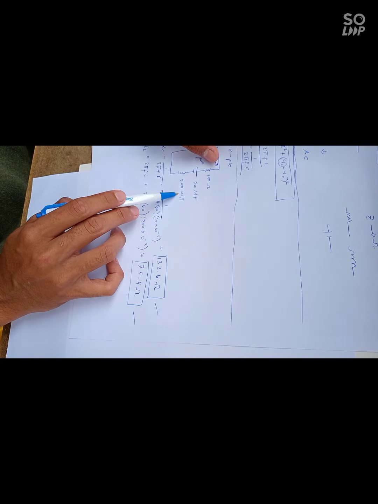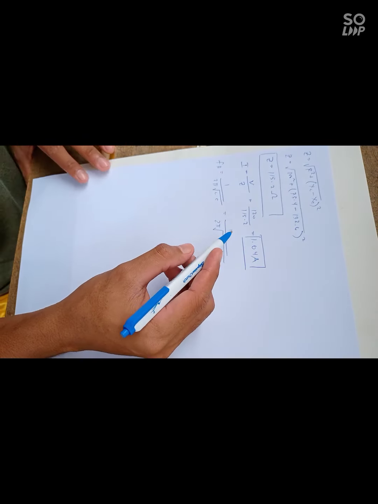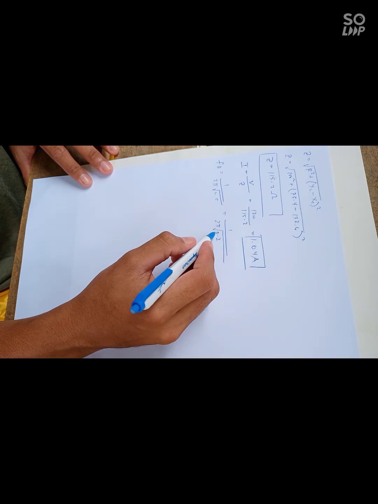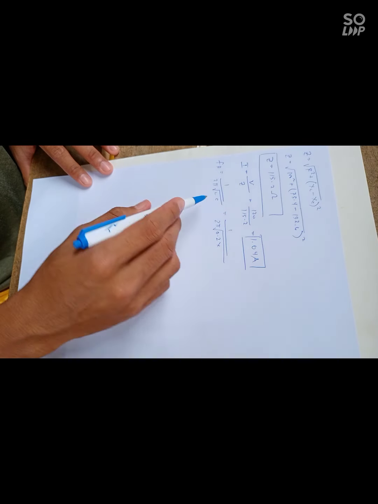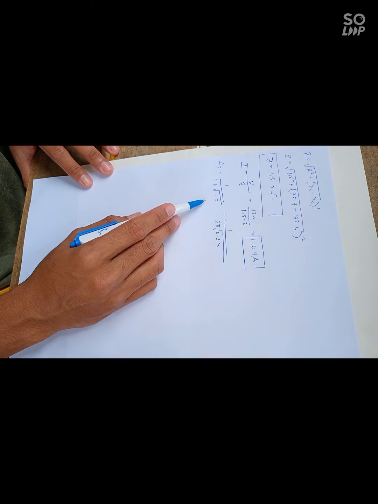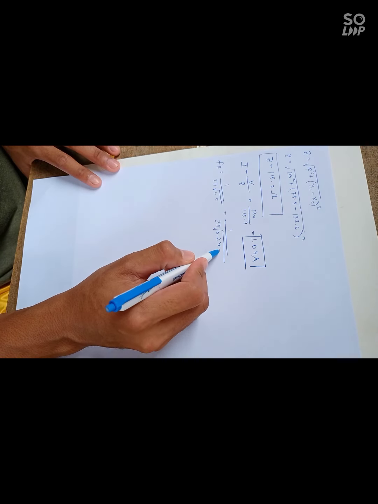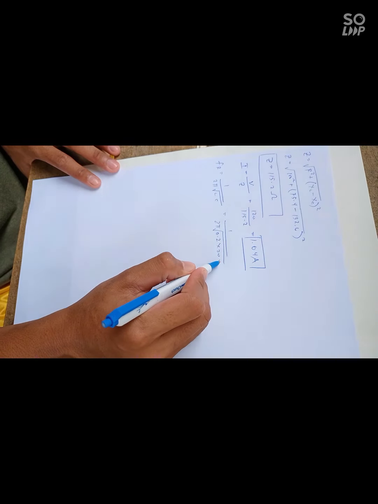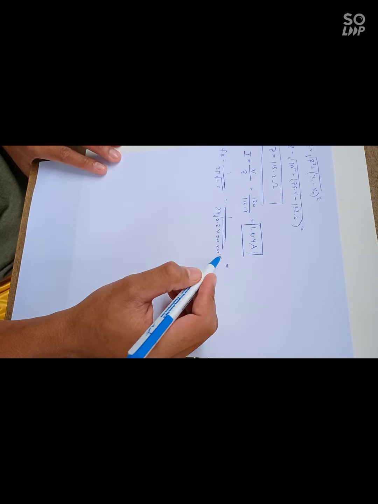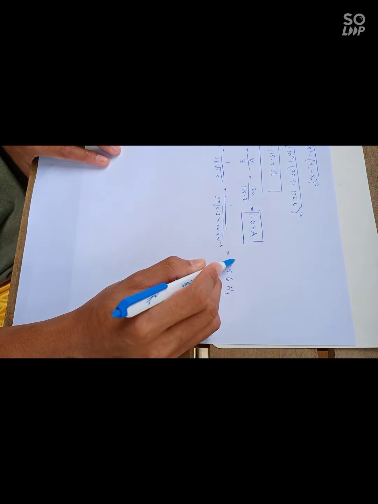The inductor is 200 millihenries. Then I convert the millihenries to henries, which is 0.2, times the capacitor, the 20 microfarads. Then the result is 79.6 hertz.